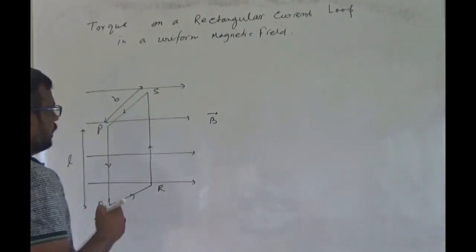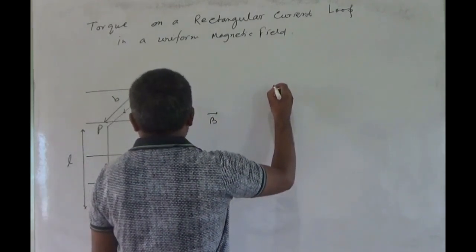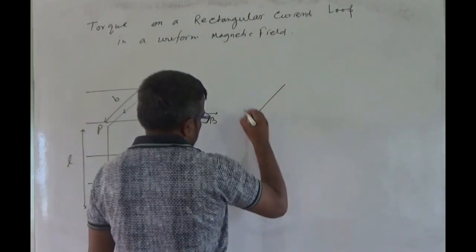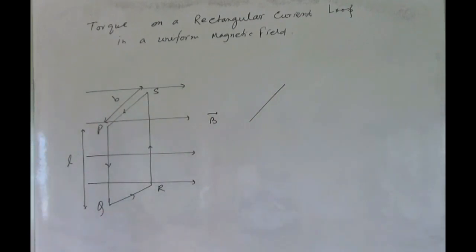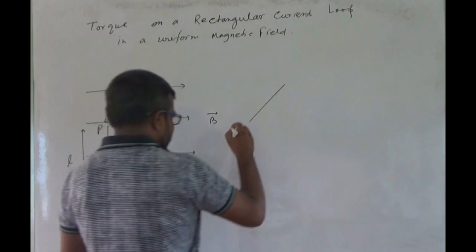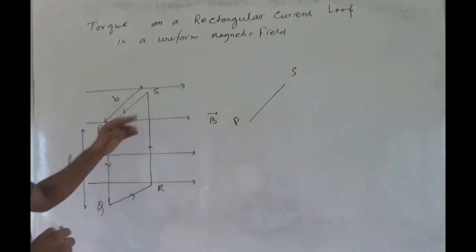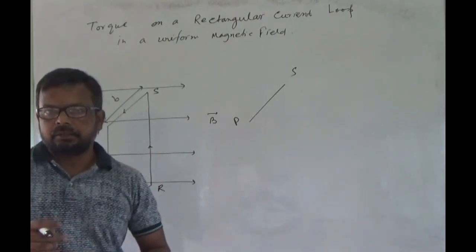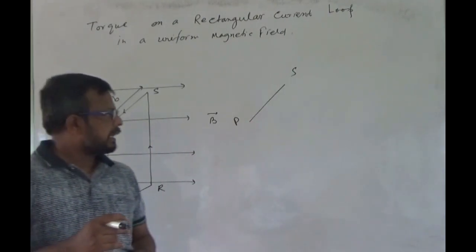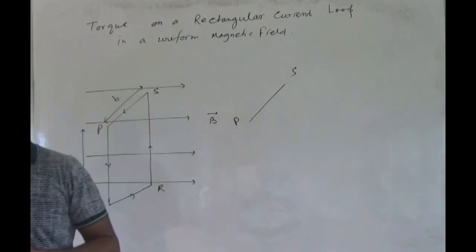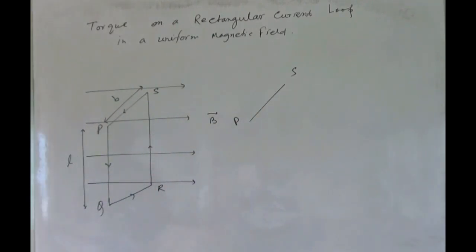That means if this is the PS arm, you have to think of this as 3 dimensional. Let us show you something, otherwise you may not understand this.